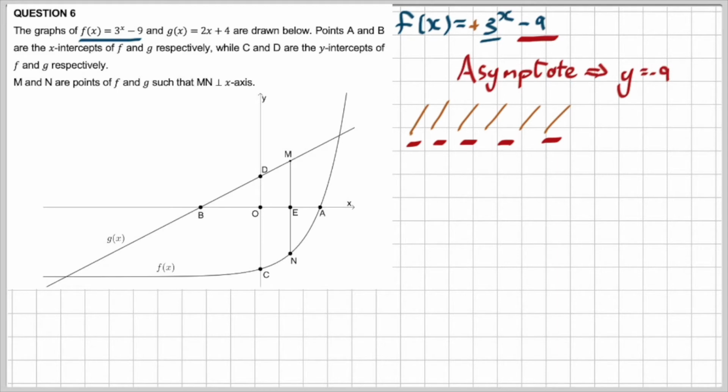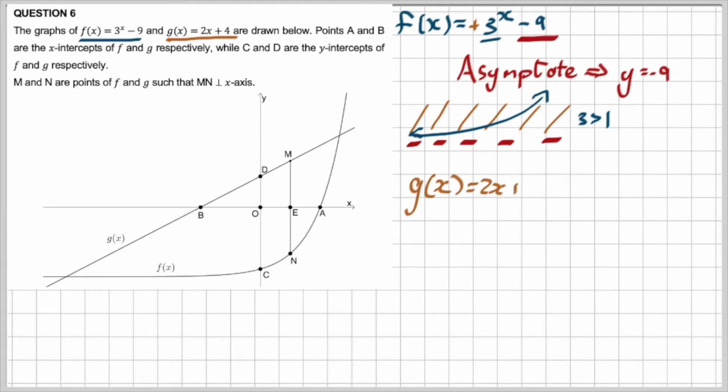Very important little tidbit. Next up, the graph actually goes away from the asymptote. How do I know that? Because the 3 is the base, and it is bigger than 1. If it was smaller than 1, it would have converged towards the asymptote.